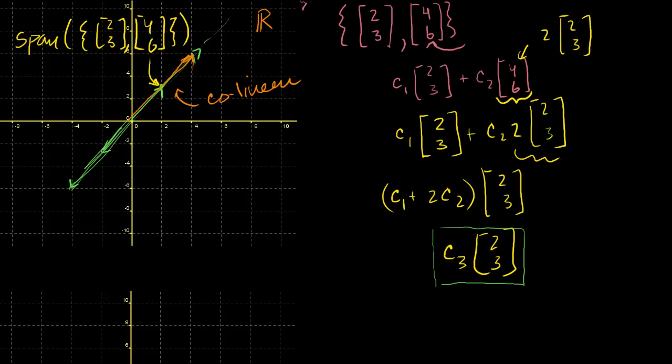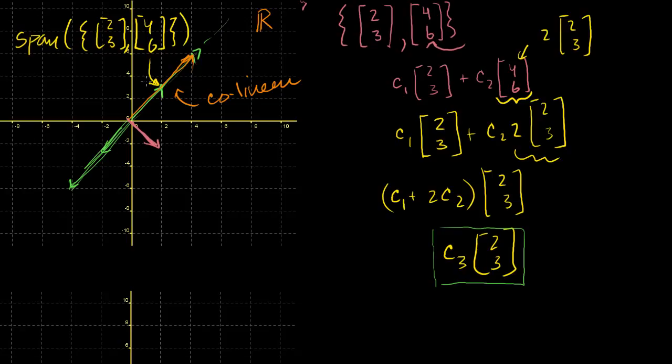You can't represent some vector like this one right there with some combination of those two vectors. There's no way to break out of this line, so there's no way that you can represent everything in R2. So the span is just that line there.